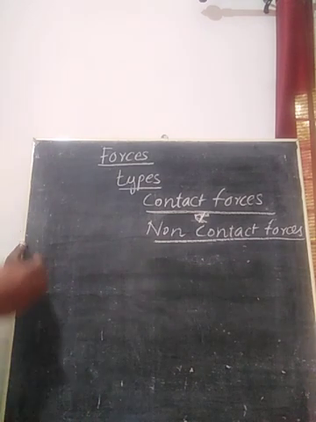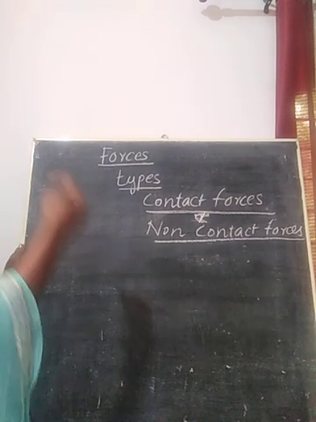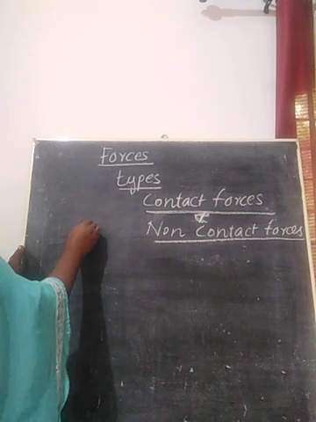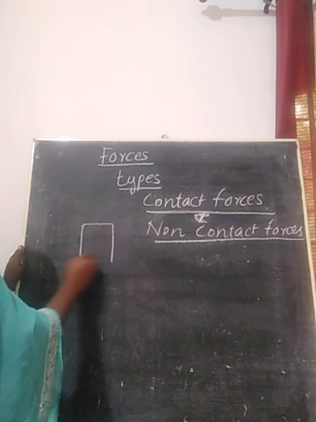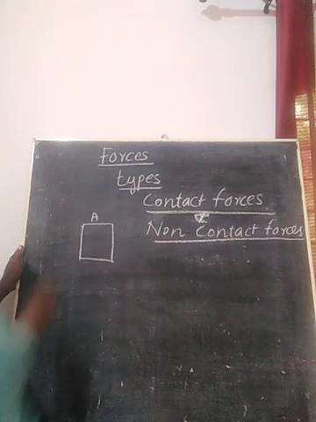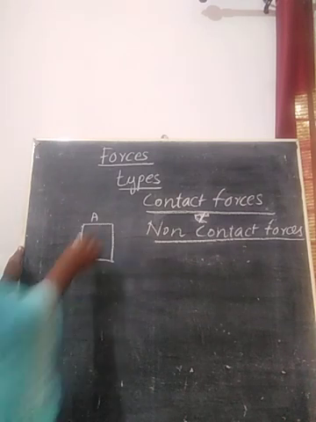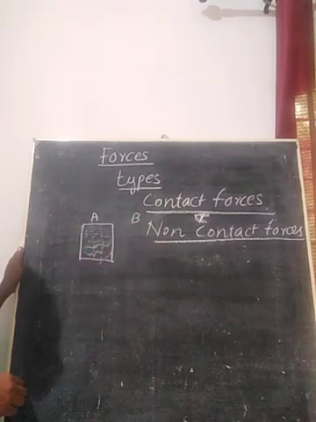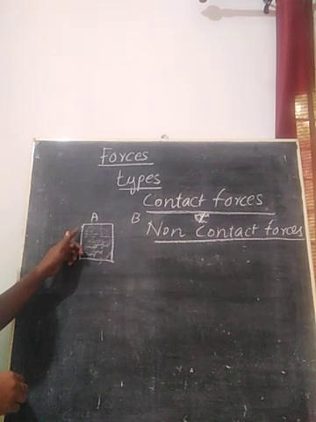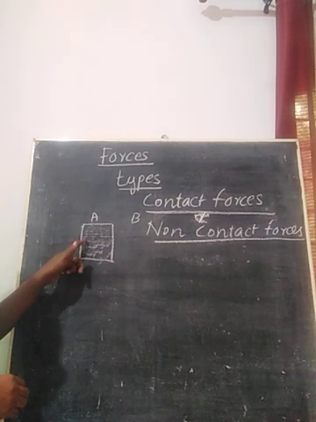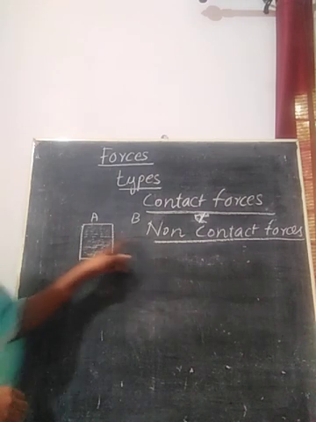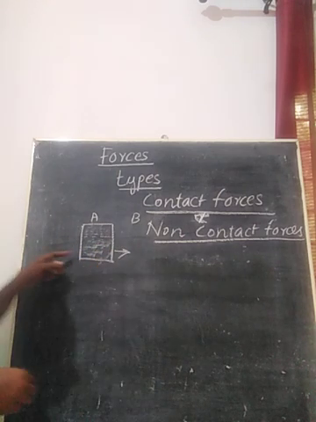Suppose we are pulling a box, and we are trying to move this box from place A to a new position B. For that we should touch the box and apply a force in this direction, from left to right.